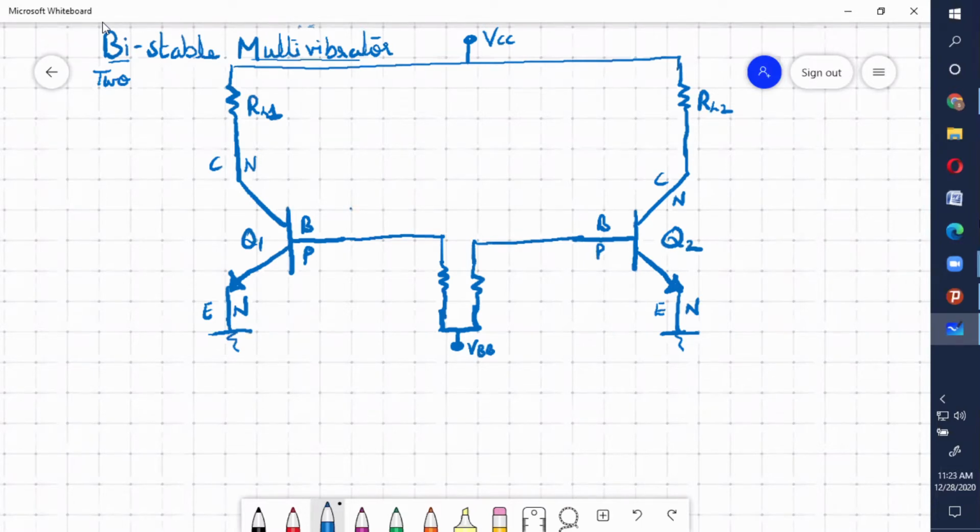Q2 is also an NPN transistor with collector, base and emitter. Both the emitters are connected to ground and both the collectors are connected to your VCC. And the bases are connected to VBB, some base voltage.